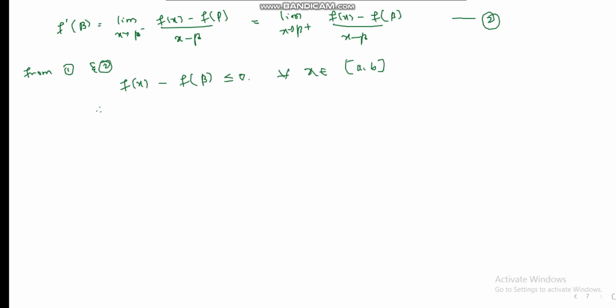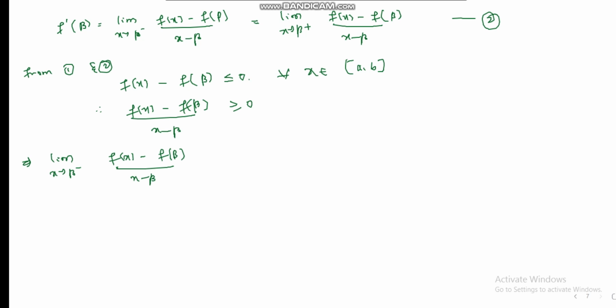Therefore, now we can write that f of x minus f of beta divided by x minus beta is greater than or equal to 0. Therefore the limit as x tends to beta minus of f of x minus f of beta divided by x minus beta is also greater than or equal to 0. This implies that f dash of beta is greater than or equal to 0.